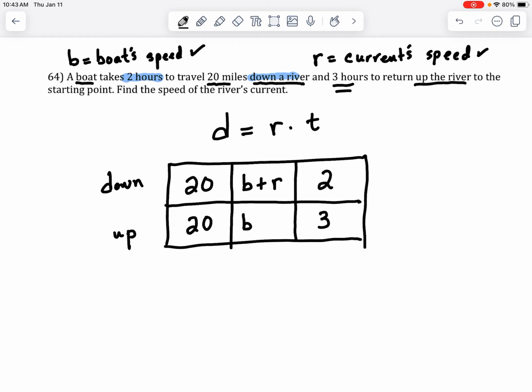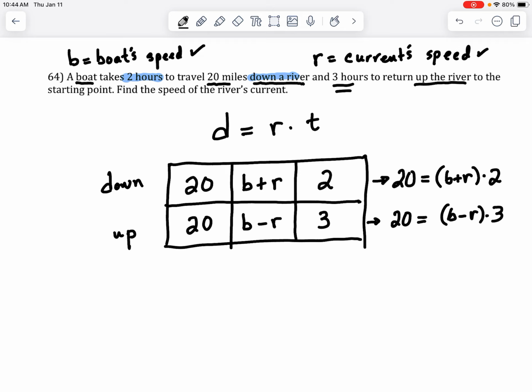And then as it returns, it's going to be B minus R. Now, of course, this is an ideal situation; there might be some other things to consider, but this is not physics class, so we're just going to do the math. So using distance equals rate times time, the top row is going to become 20 equals the rate, B plus R, times 2. And the bottom one is going to become 20 equals B minus R times 3.